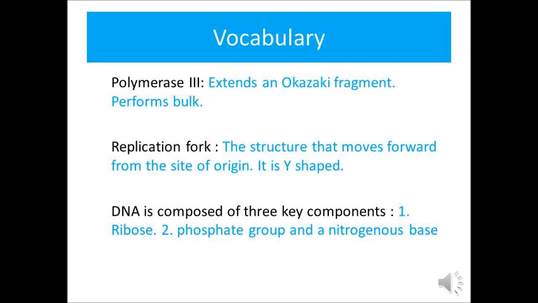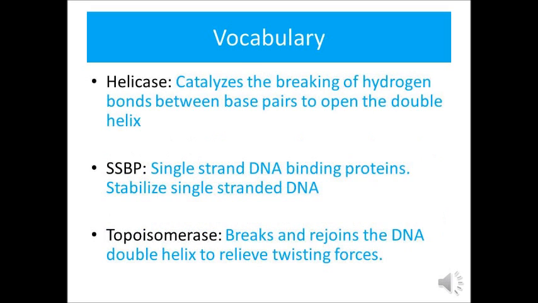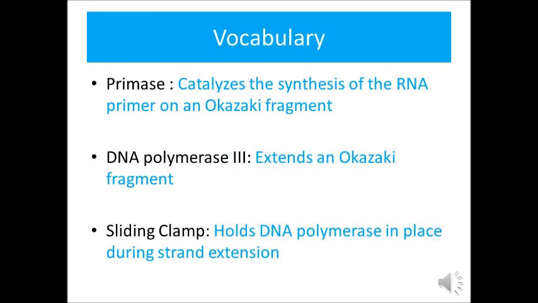Helicase is a catalyst. It's going to break hydrogen bonds between base pairs and open up the double helix. Then we have the SSBP, single-stranded DNA binding proteins, that come and stabilize the single-stranded DNA. We have topoisomerase, which is going to break and rejoin the DNA double helix to relieve twisting forces. You have primase, the catalyst in synthesis of RNA primer on an Okazaki fragment.